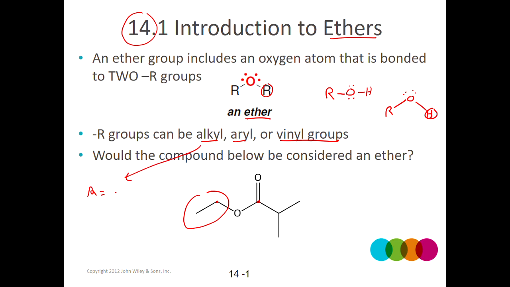If it is a carbon group, that carbon has to be bonded. It could be sp2, it could be sp3, it could be sp. It's got to be bonded to more carbons and or hydrogens. It can't be bonded to an oxygen in this way. That makes a different functional group.